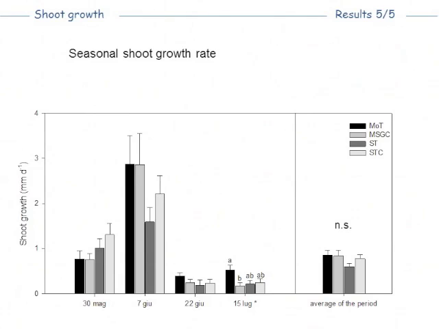And here you have the maximum growth rate of the shoot at the end, in the middle of July, that was with the fescue. But on the average of the period, there was no difference in the growth of the shoots. So not a big impact, not a depressing impact due to the presence of the grasses on the soil.